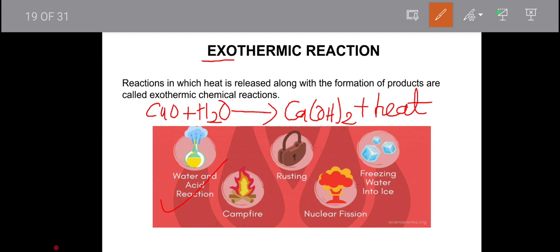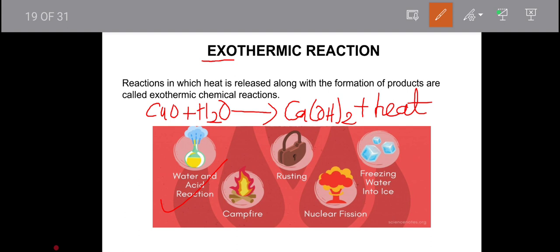Clear? So now my question is about respiration. You're familiar with the word cellular respiration, right? So cellular respiration means what? In cellular respiration, whatever food we have taken will be broken down and stored in our cells as glucose.